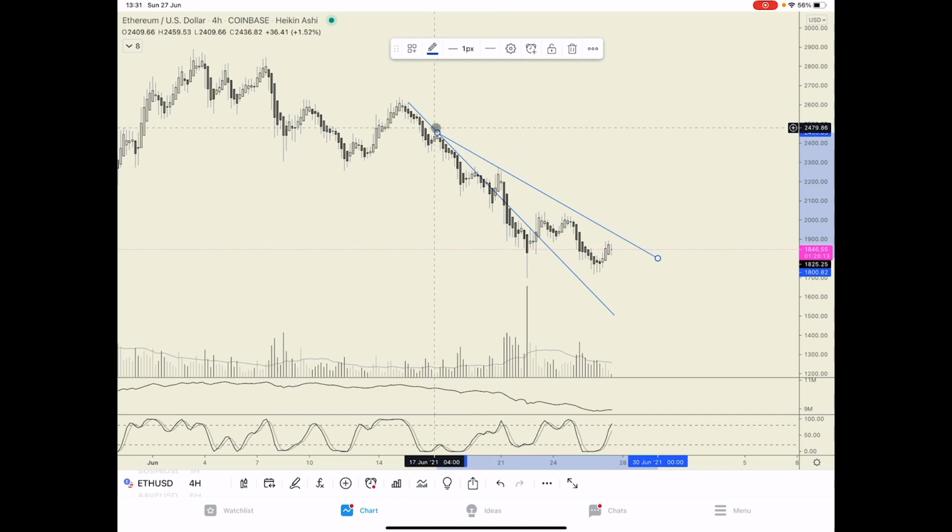Linking the highs of HA candles, because we're doing a bearish C fork here, so we're linking highs, is a good option, and it has a good record in my experience. Now you could say, if you didn't like wicks, you could remove those wicks and just move something like this. That's valid as well, I think. It gives you an earlier entry because price will be breaking that earlier.